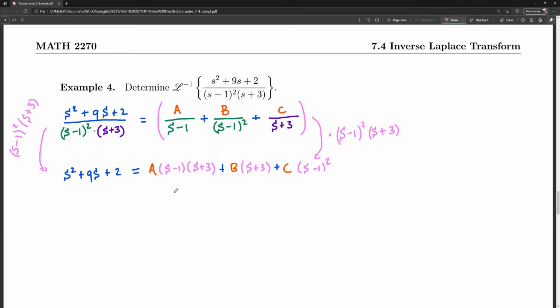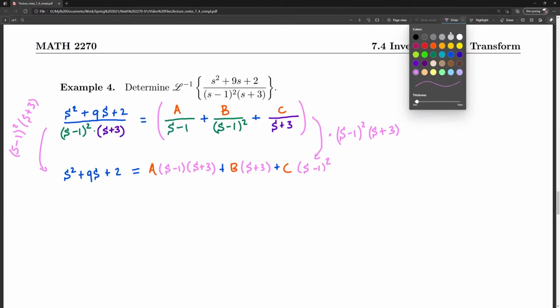But again, this needs to hold for all s's.